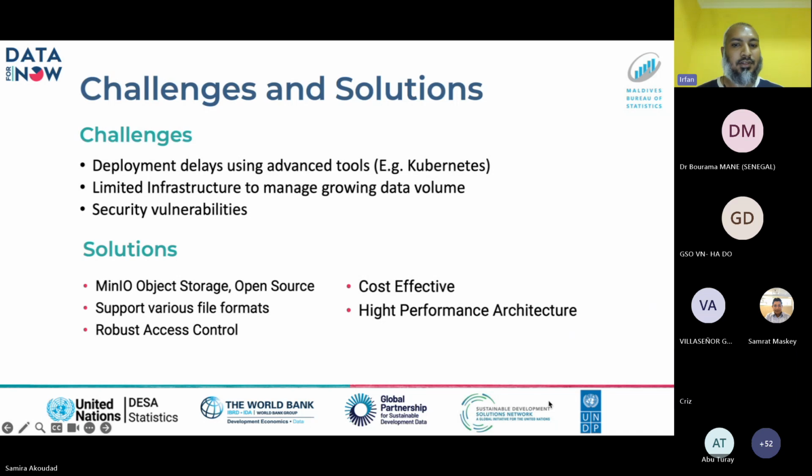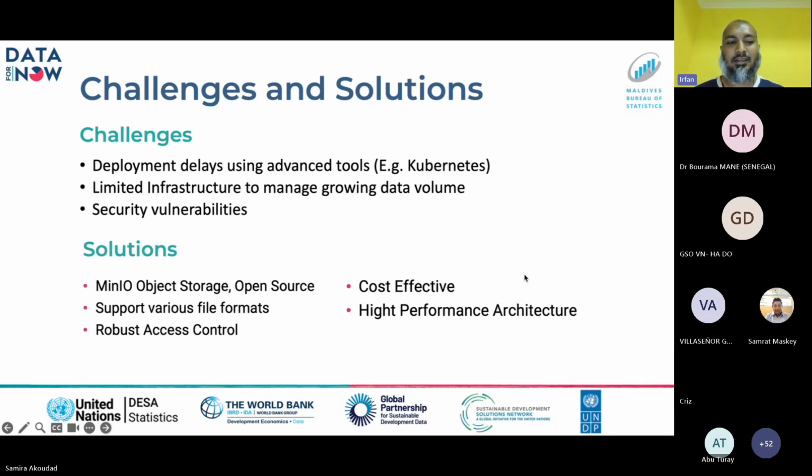So the initial challenges that we faced were deployment delays, because we tried to use Kubernetes and Docker, but because of our capacity and knowledge, we didn't really understand these technologies.